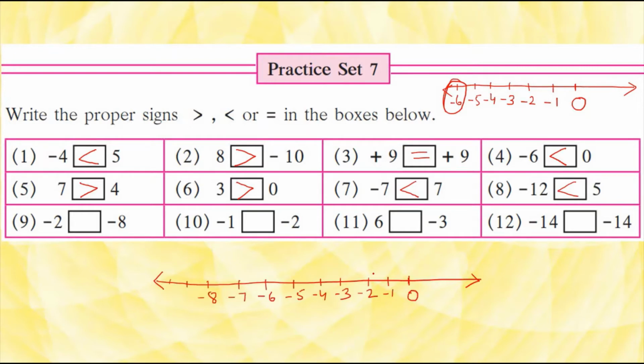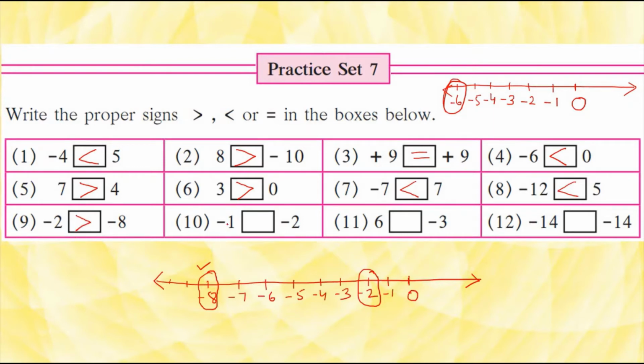So now we are supposed to compare -2 and -8. If you observe this, we will find that -8 is towards the left hand side, which means -8 has a smaller value, and hence the open mouth of the sign will come towards -2.